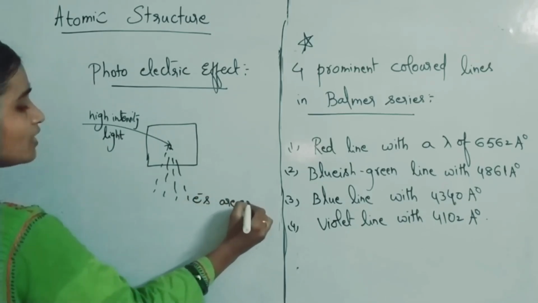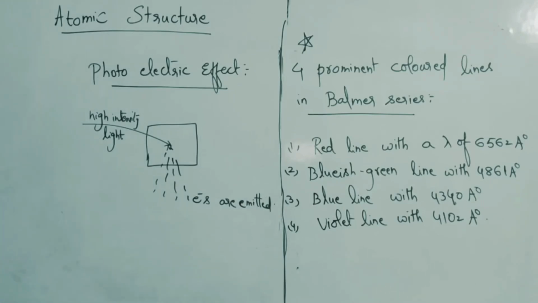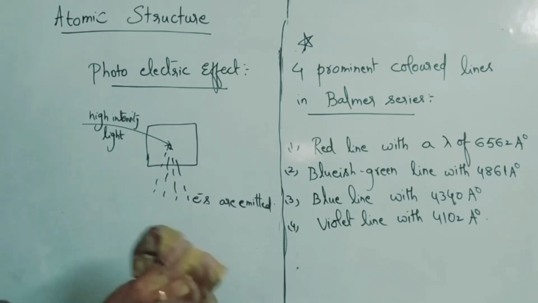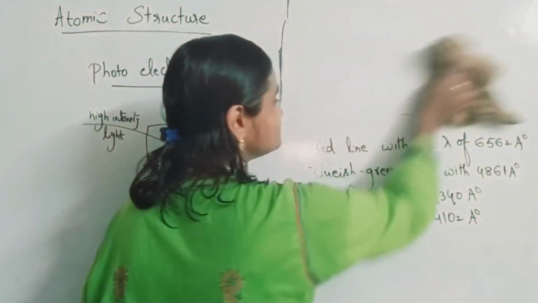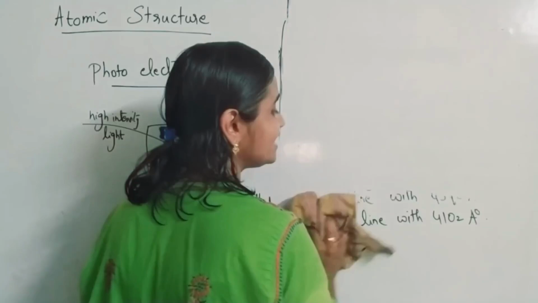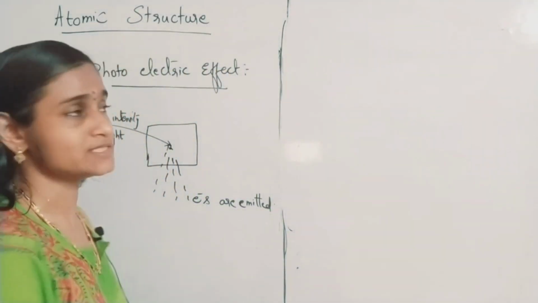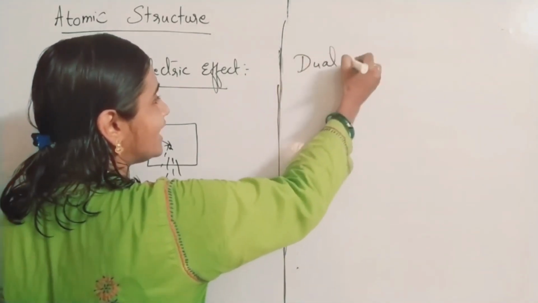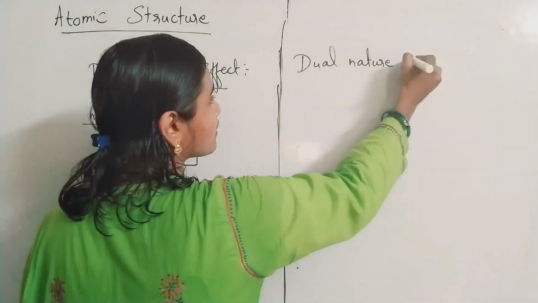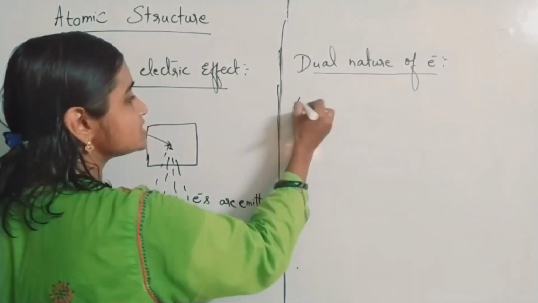This phenomenon is called the photoelectric effect. Based on this, Louis de Broglie proposed dual nature for the electron: wave nature as well as particle nature. So what does Louis de Broglie say?